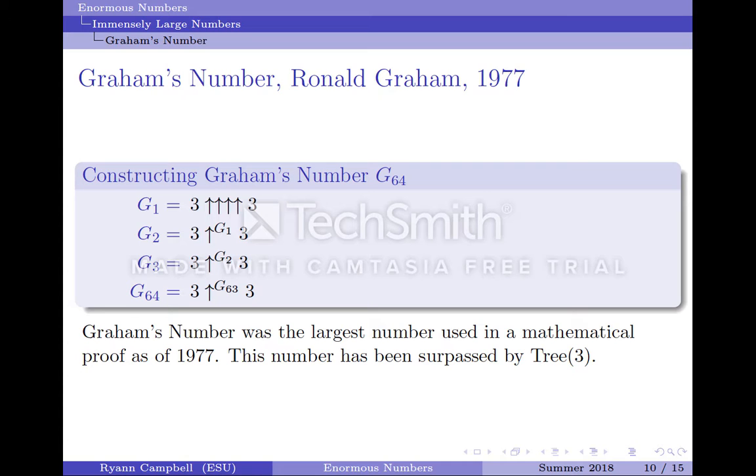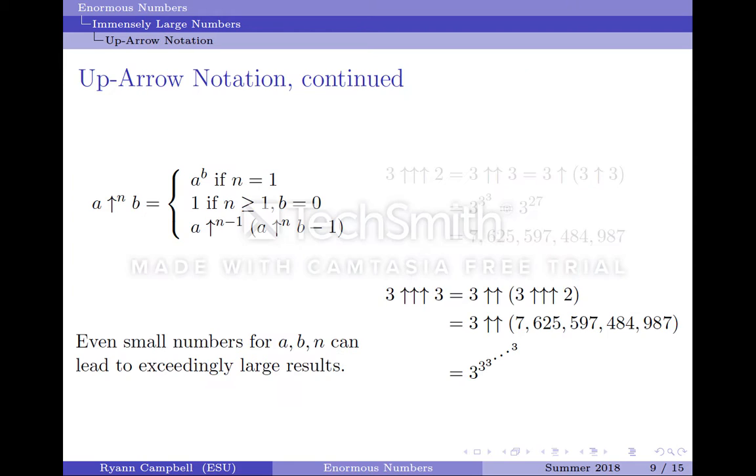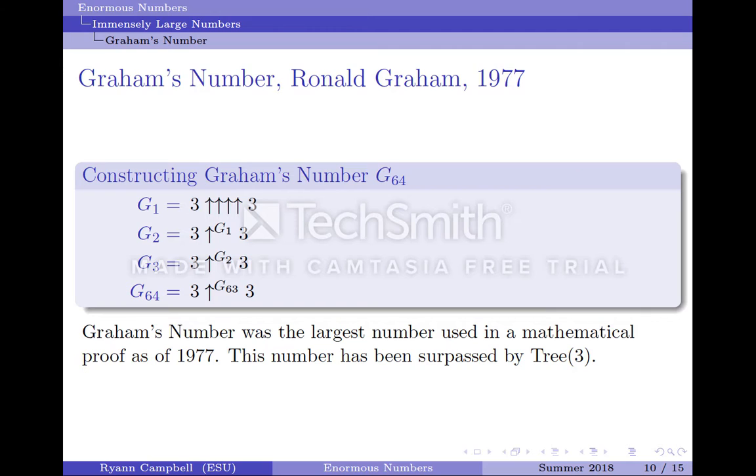Okay. So let's start with G1. Okay, G1 is the very first piece of Graham's number. Okay, it is 3 with 4 up arrows and then another 3. The number we used on the previous slide only had 3 up arrows, and we already ended up with 7.6 trillion threes in our power tower.